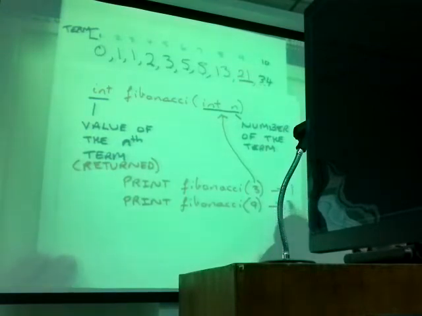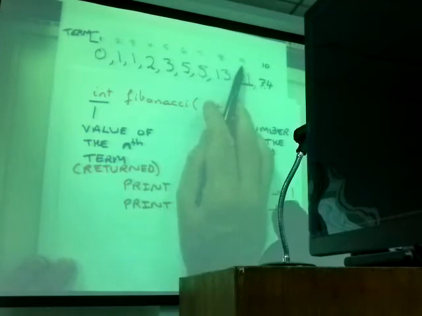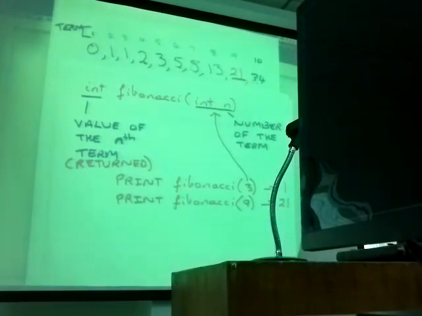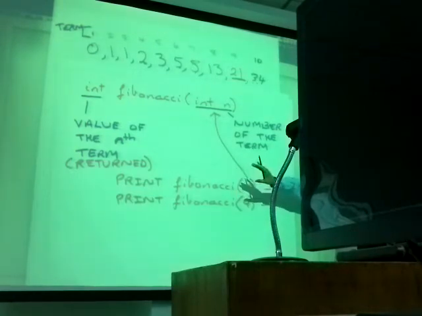Very good. So term number 9 is 21. So that value would be printed. So we want to be able to write in pseudocode this Fibonacci function. It should take the value of n as an argument, and it should return the value of the nth term.